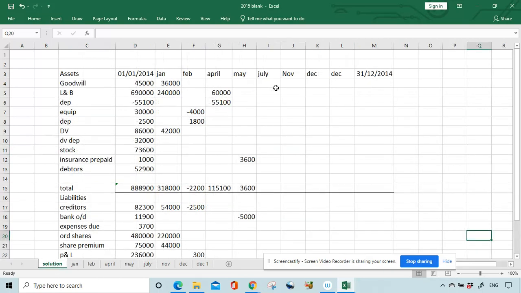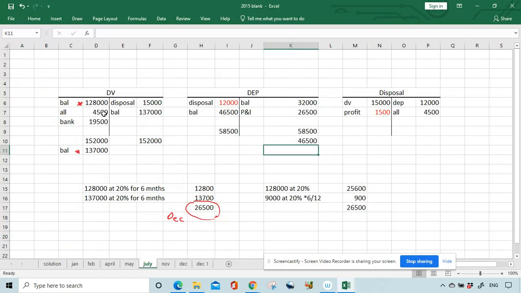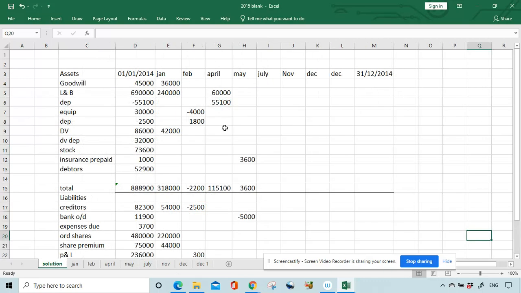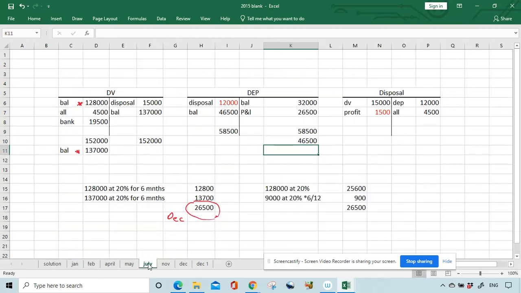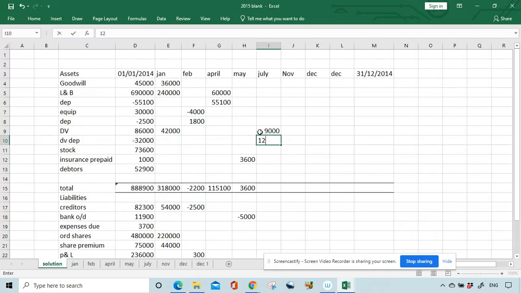So in the solution, when I go to July, what's happened in July? My delivery vans, if I look at it again, has gone from 128 to 137. So that's a net gain of 9,000. So my delivery vans has gone up 9,000. The depreciation that needs written off, if I go back here, is the 12,000. So it's going to be plus 12,000. And that's all that happens in the assets column.